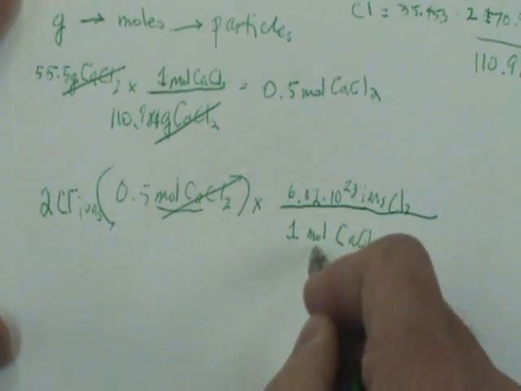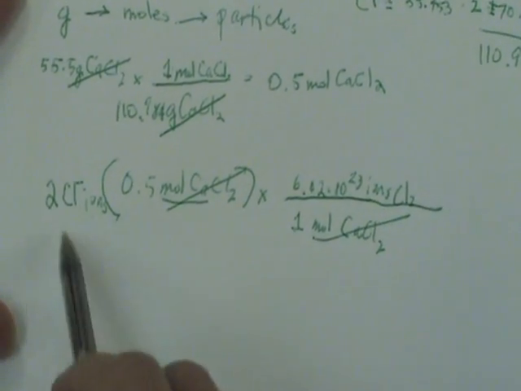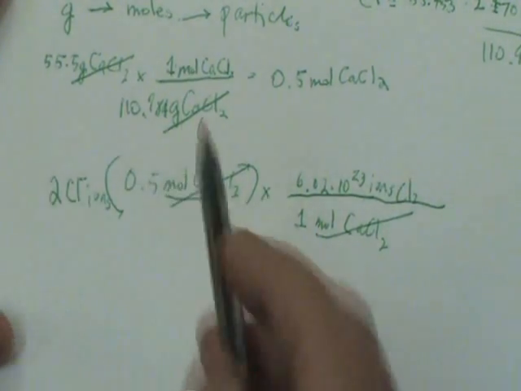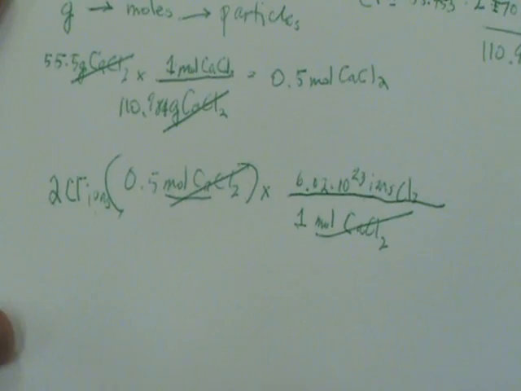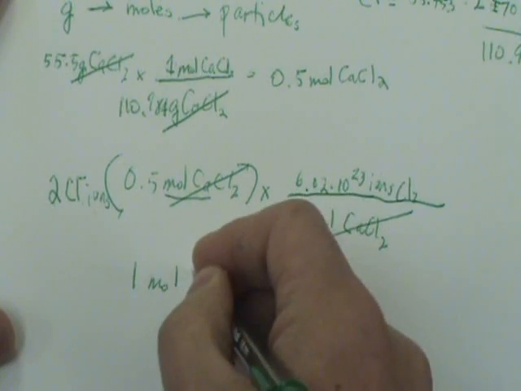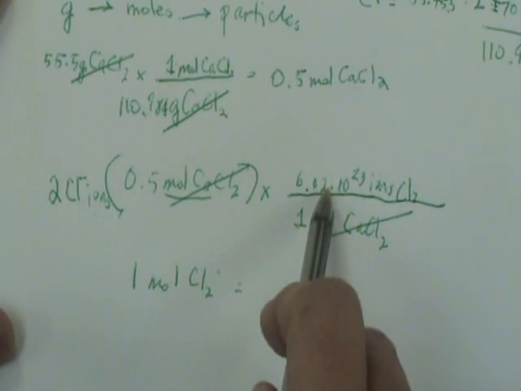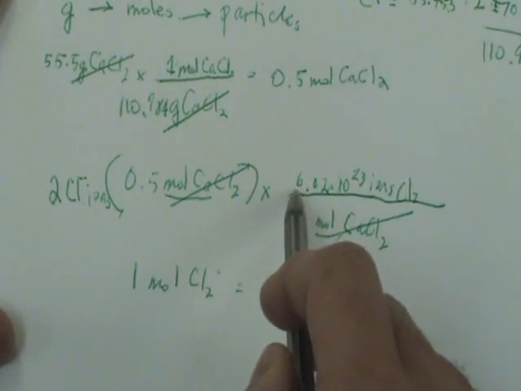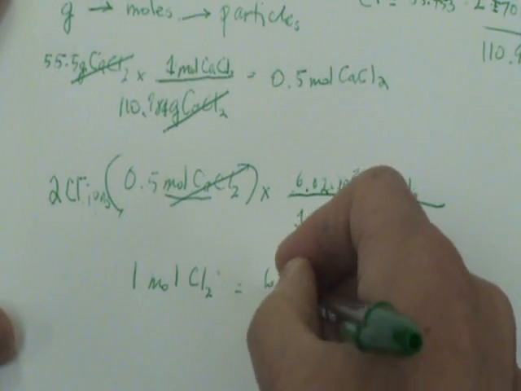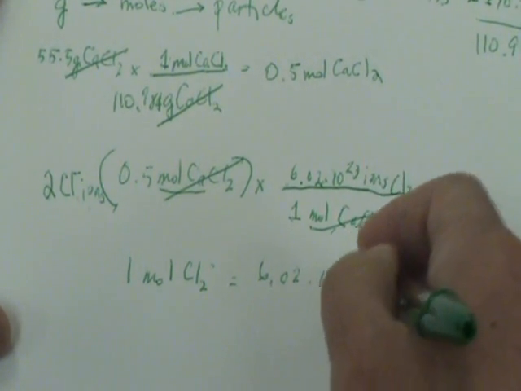We cancel our moles. We're left with our ions unit. We don't need a calculator for this. 2 times 0.5 is equivalent to 1. So that's 1 mole of our chloride ion times Avogadro's number divided by 1. A whole number divided by 1 is that number. So that's 6.02 times 10 to the 23 ions.